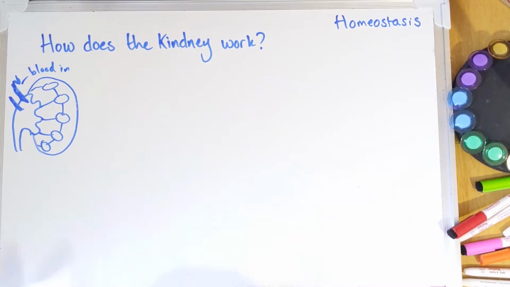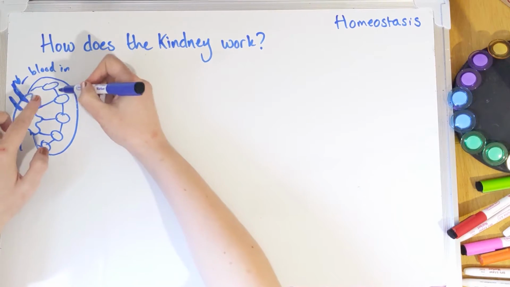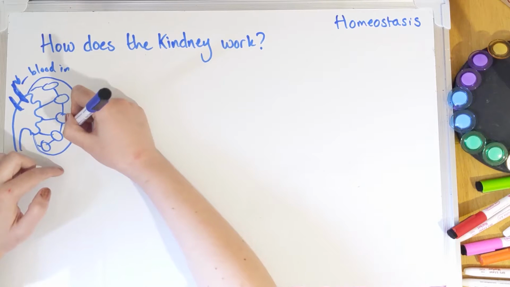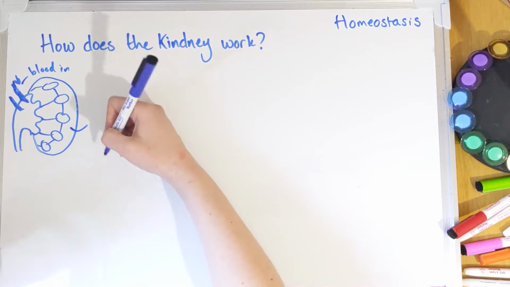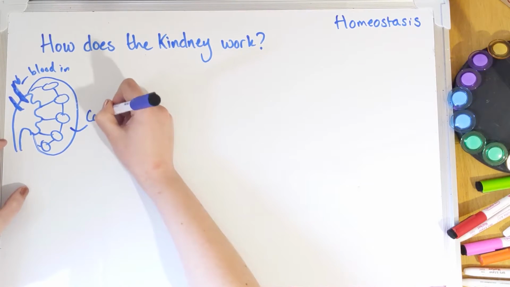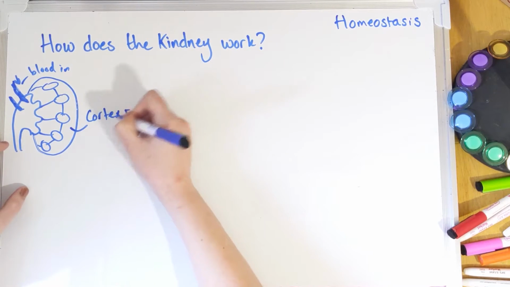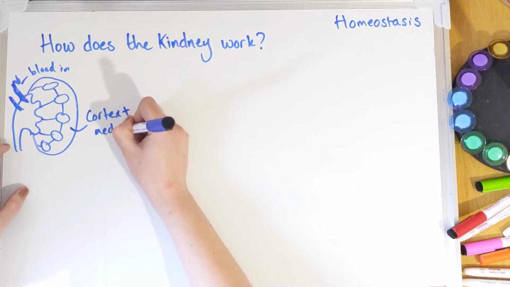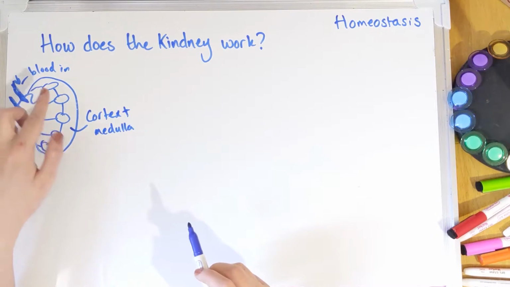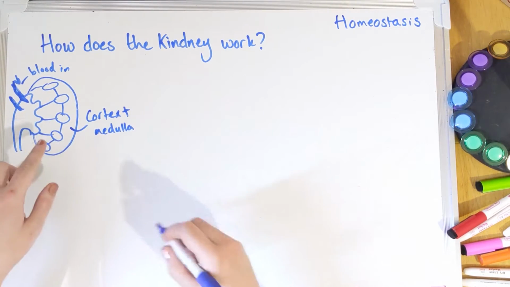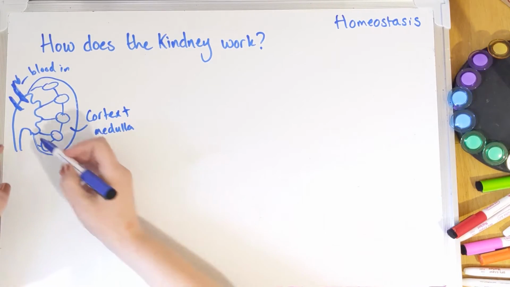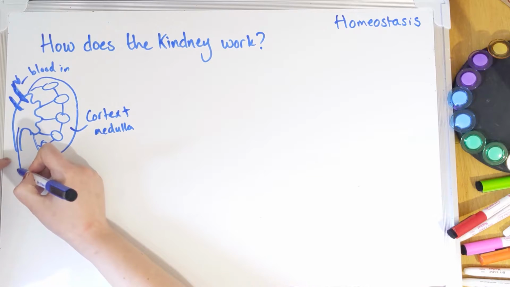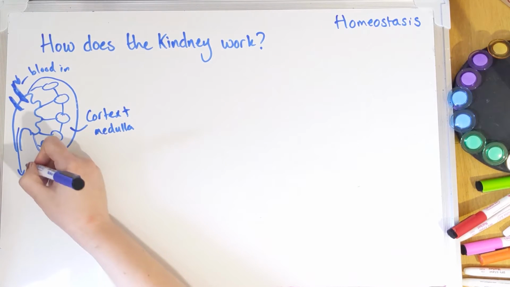So that blood that needs to be filtered is going to pass through this weird network in a part called the cortex and medulla. That's where it's going to be filtered, and then the filtered urine goes down here to form urine in the bladder.